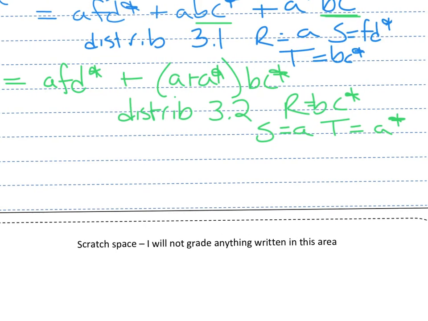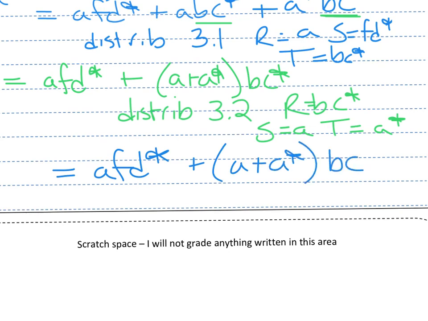Go back to my pen. So this whole thing equals AFD star plus A star BC star C star. And that was by closure 5.1, where my R is just a C.